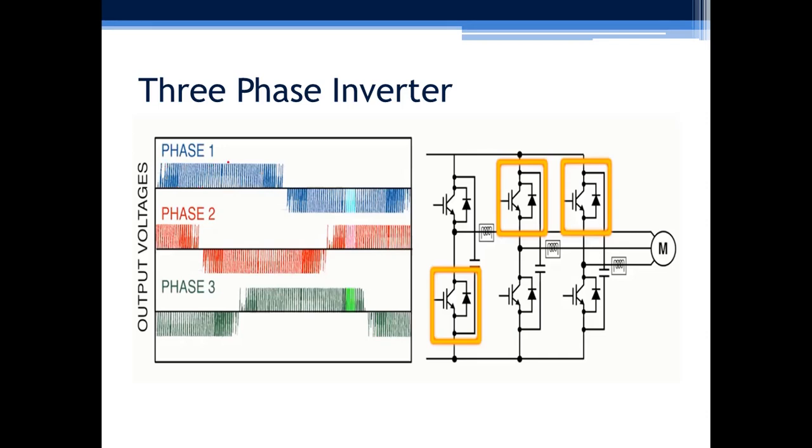These PWM signals are generating an AC waveform with three phases: phase 1, phase 2, phase 3, which are 120-degree phase shifted from each other. The advantage of PWM is that it has low total harmonic distortion content in the output. That's why these inverters are preferred for industry over the voltage source inverter drive.